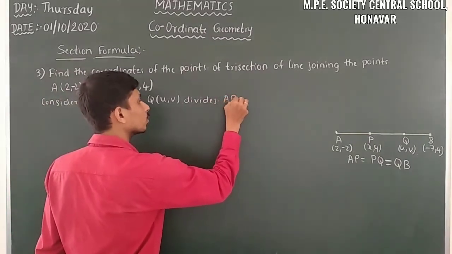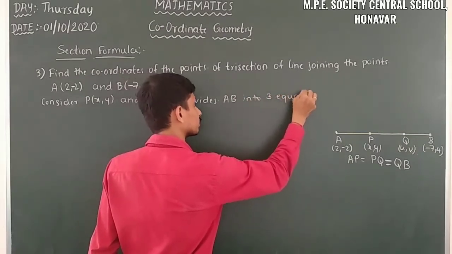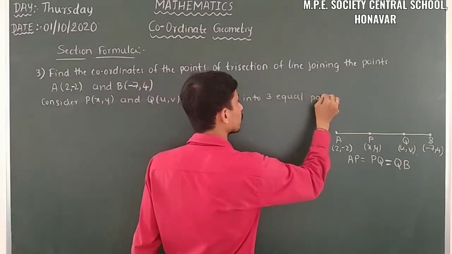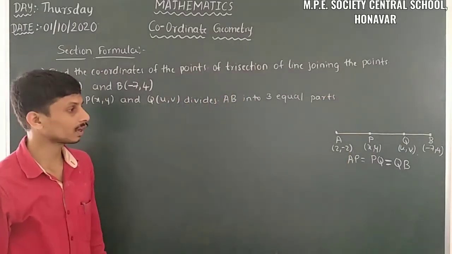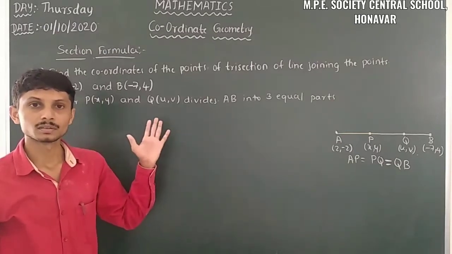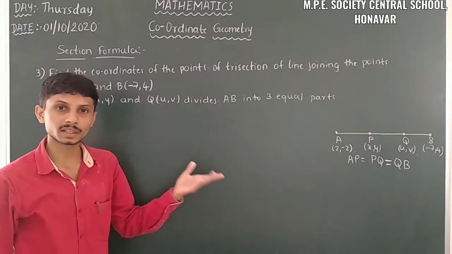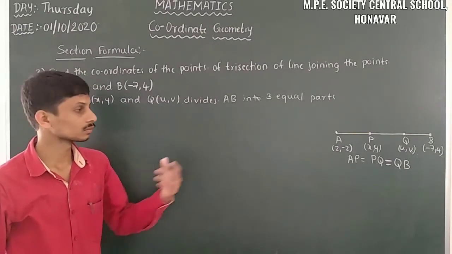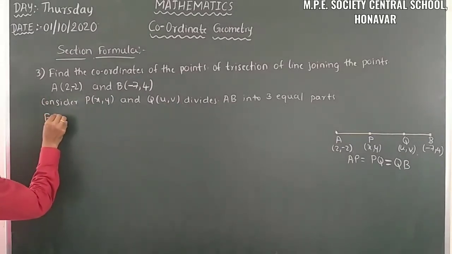Then we have to find the values of x, y and u, v from the section formula. From the section formula only we can calculate the coordinates.